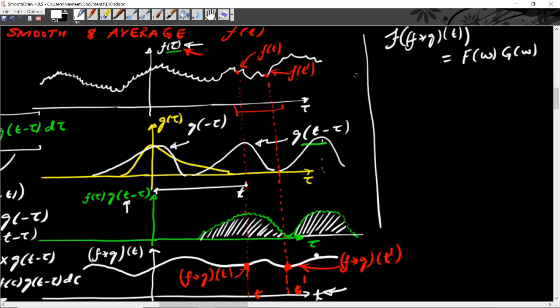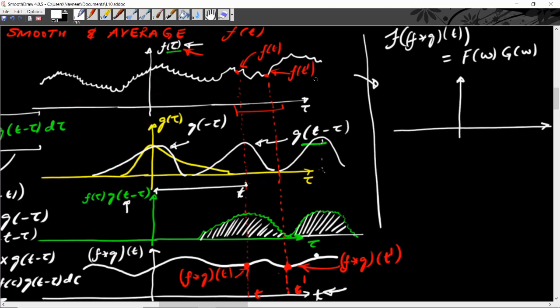So now if we look in frequency domain, understanding convolution is easier because we can simply look at the product of the Fourier transforms of the functions f and g, and if we take the inverse Fourier transform, we'll get the convolution. So it is easier to understand convolution in frequency domain.